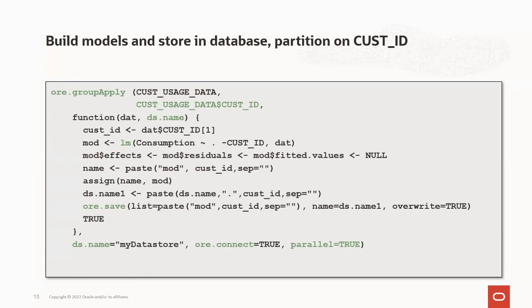We build a model, which could also leverage one or more third-party packages, and use ore.save to store the model in the datastore. To complete the group apply function arguments, we pass in the string for the datastore name, indicate we'll be connecting back to the database, and that we want this executed in parallel. We can also specify the number of parallel R engines we'd like. And this is just in a few lines of code to automate a very advanced parallel workflow.